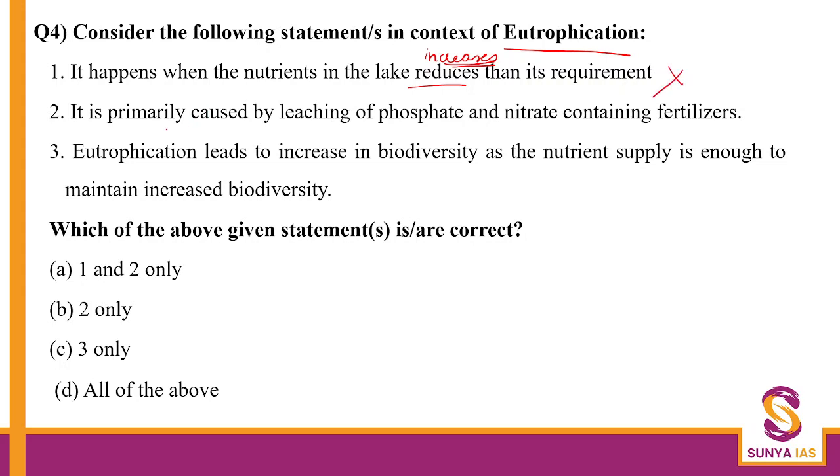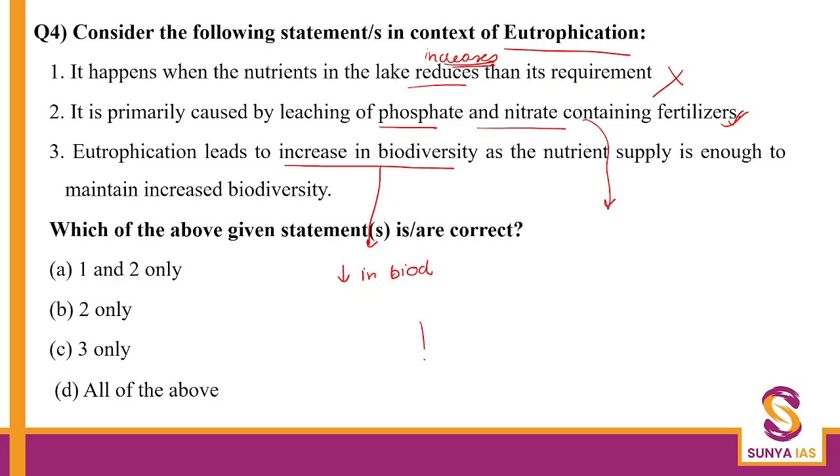Then, it is primarily caused by leaching of phosphates and nitrate containing fertilizers. Yes, this is something we know, that when these nitrates and phosphates are abundant and their quantity increases, this leads to eutrophication, which is nutrient enrichment. Then, eutrophication leads to increase in biodiversity? No, it is leading to decrease in biodiversity.